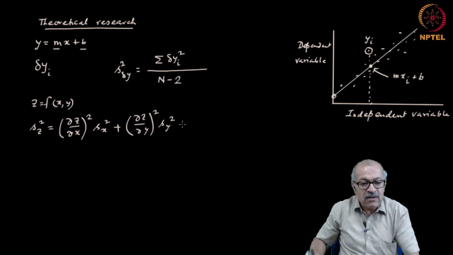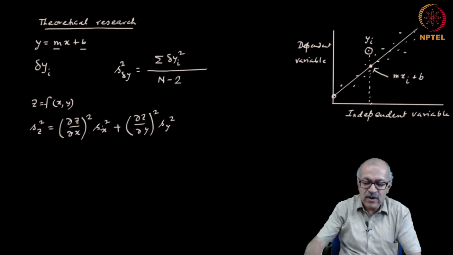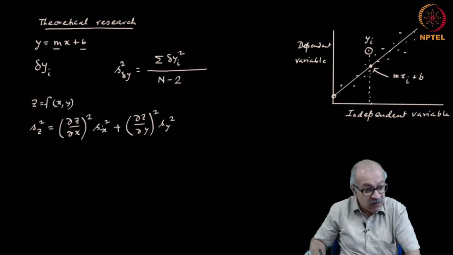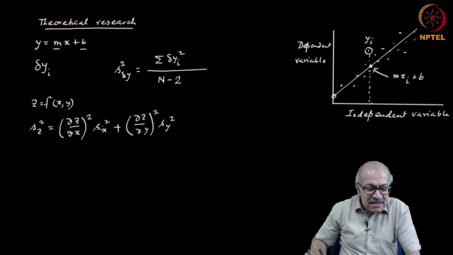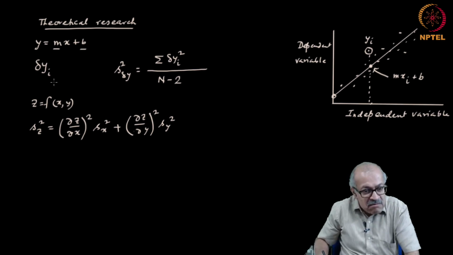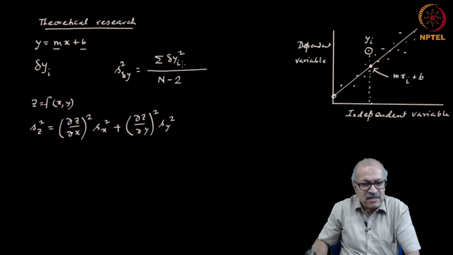This is something that we encountered earlier when we were talking about propagation of errors, and this is what we will use. In the sense that the variance in m and the variance in b will depend on the variance of these delta y's. So, that is how we will use it, and if I want to write it, it will look something like this.